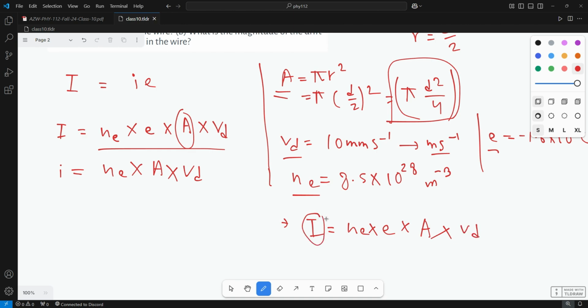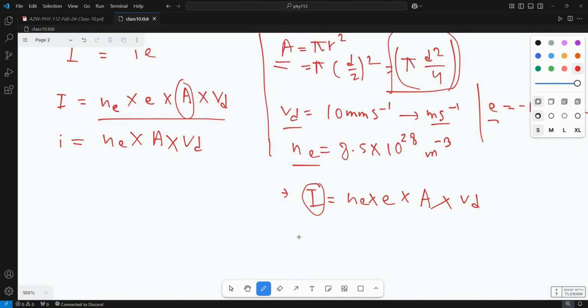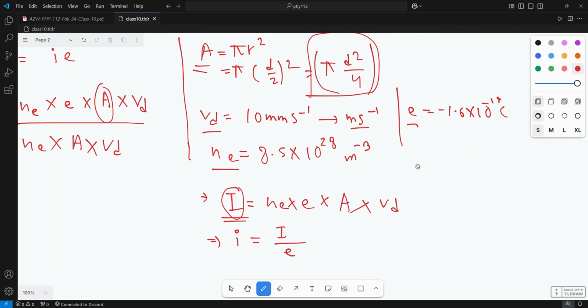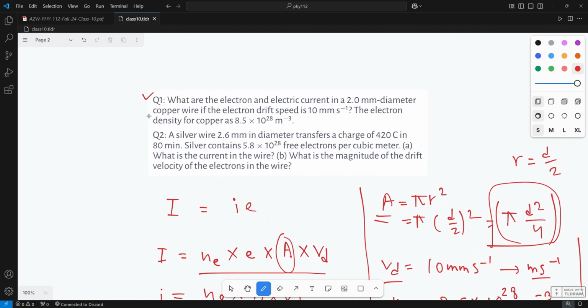So this will give us the electric current, and if we divide this I by e, we'll get the electron current, which is this divided by the charge of an electron. The unit of this will be ampere, and this will be ampere per coulomb. So this was a pretty easy question.